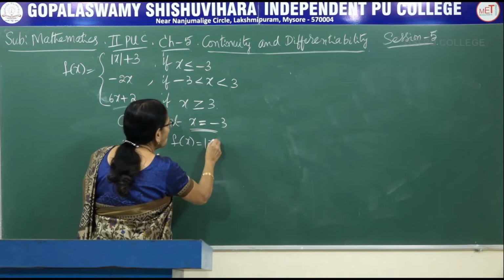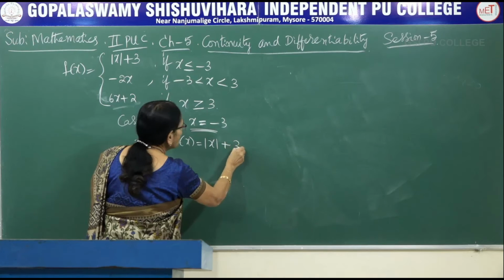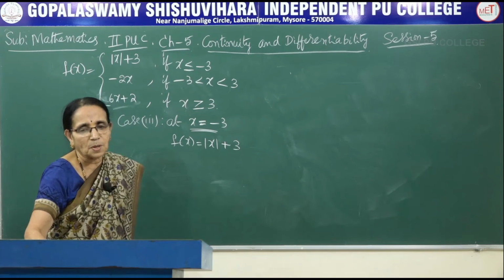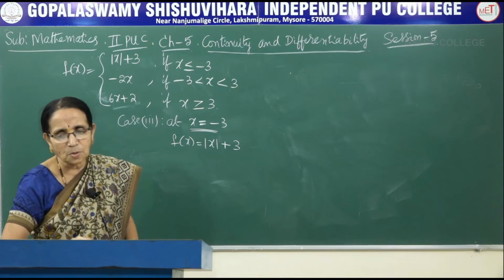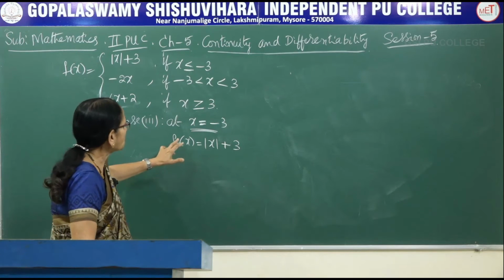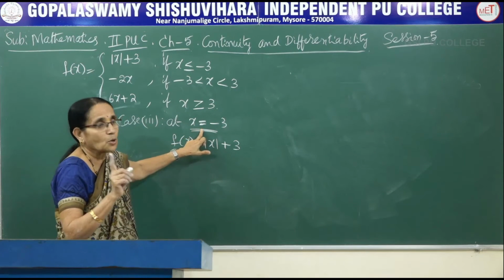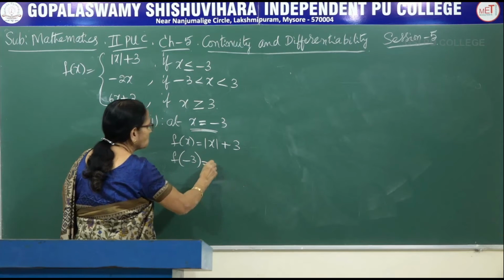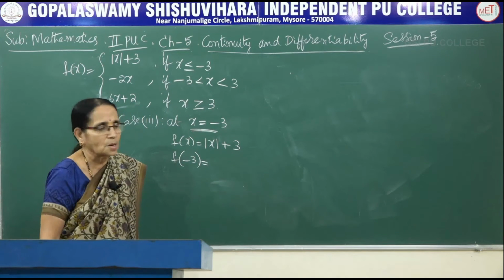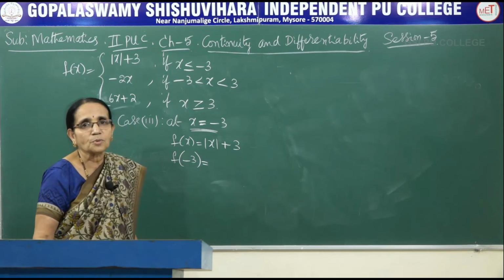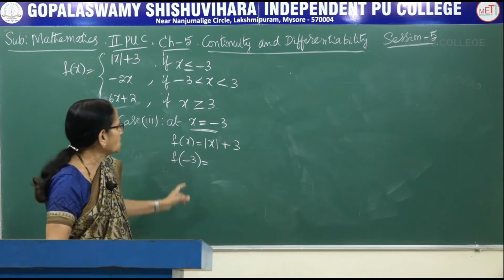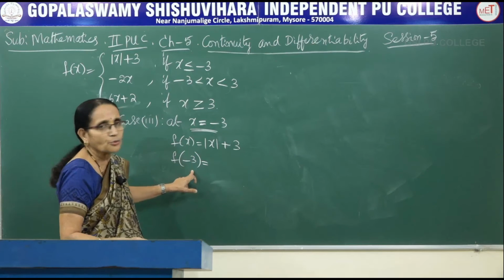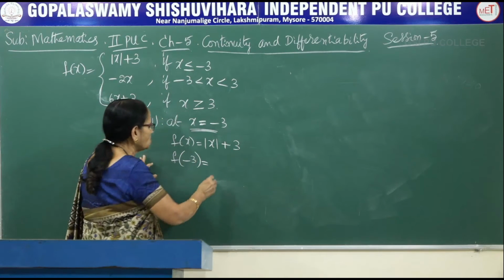It is modulus of x plus 3. Now we have to first find the value of that one, that is f of minus 3. Give the value minus 3, because we have to get the value of the function at that point x is equal to minus 3.